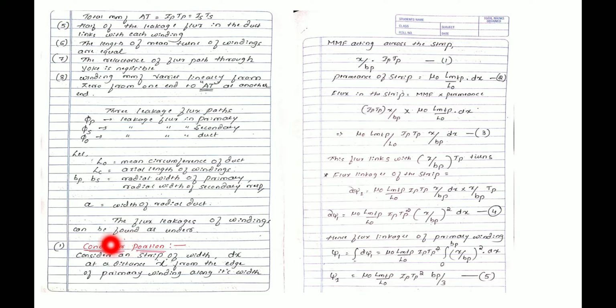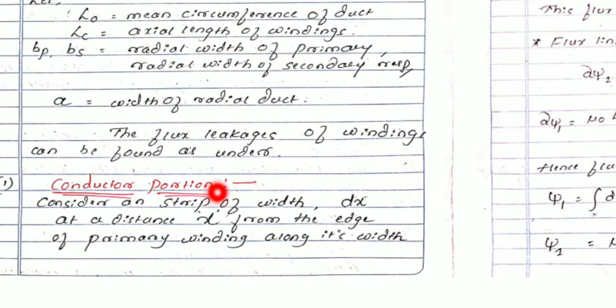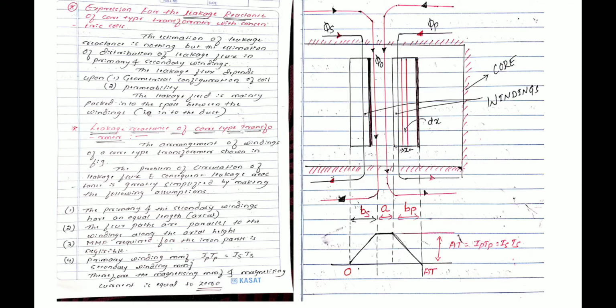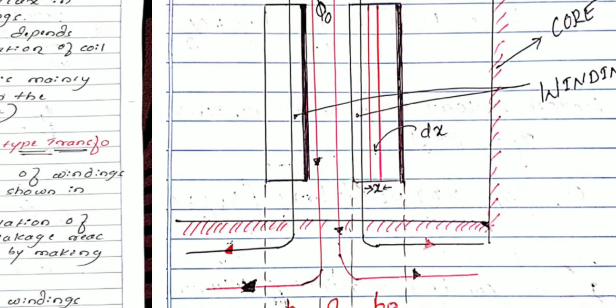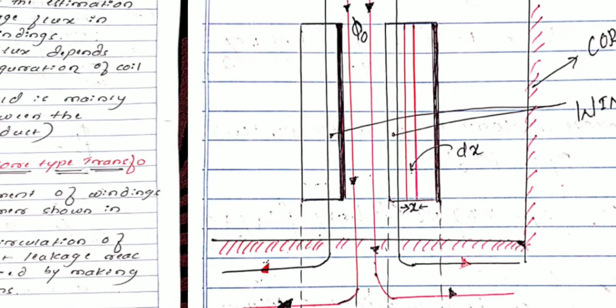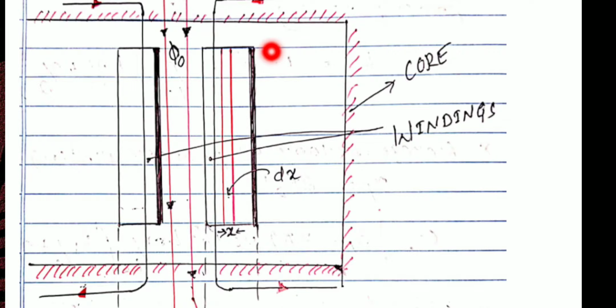For that purpose, just see here, consider a strip in the conductor portion, in the primary winding I will take here. See the diagram. In the diagram, this is the primary winding. This black color indicates the primary winding completely. Only on this primary winding, with the help of a red ink pen, I have shown some portion.